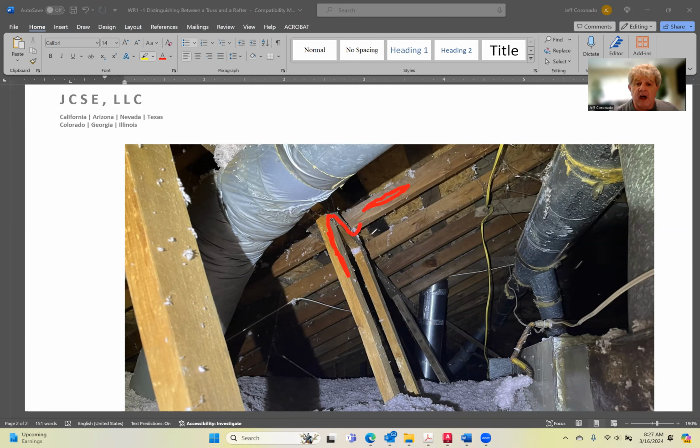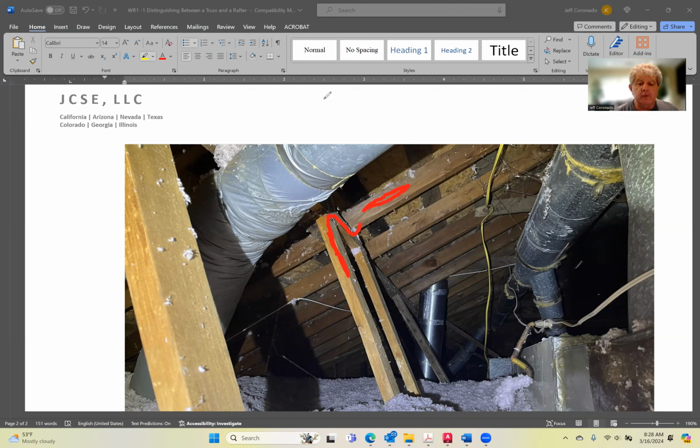Okay, so they are not in the same plane. Right? Maybe now we're getting a little fancy here, but they're not in the same plane. This diagonal member, what you might want to consider as a web, if you're considering that this might be a truss, this web member is not in the same plane. It is not connected to the rafter.